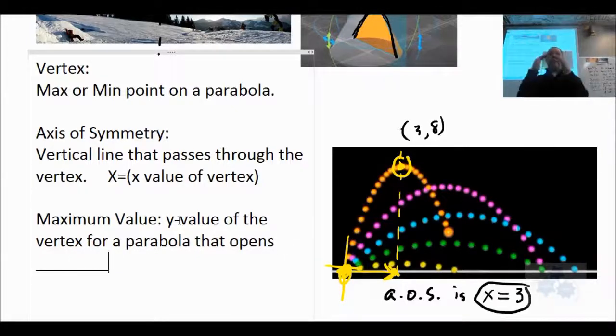Down or up? Down. Any other votes for down or arguments for up? Okay, if it's a maximum value, it's going to be a parabola that opens down. So the y value of the vertex for a parabola that opens downward. That's usually the wording we use.